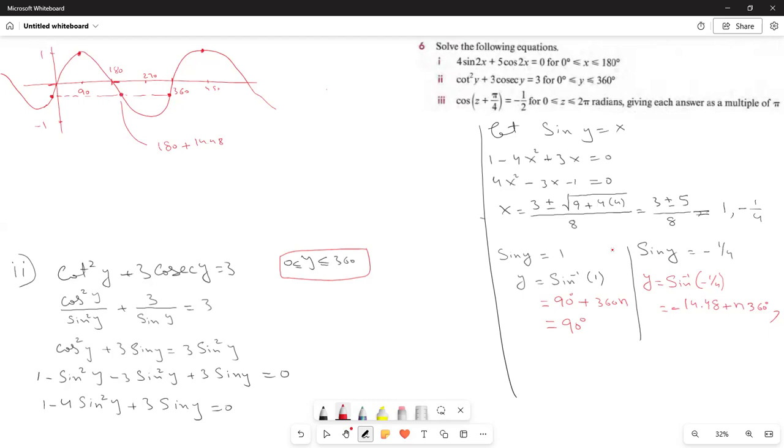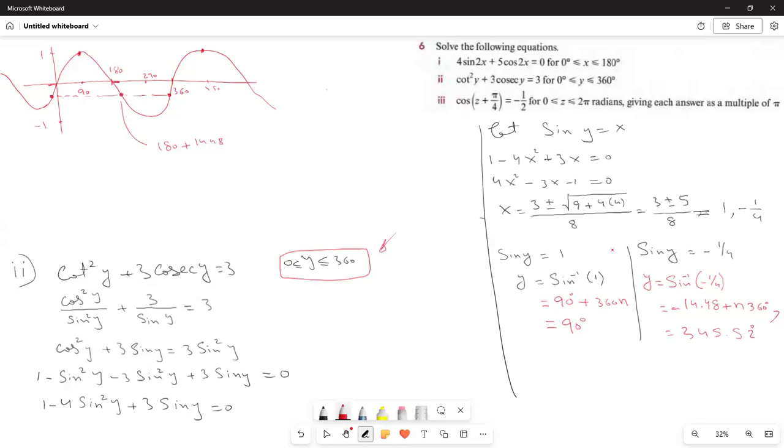So when I make n equal to 1, and from 360 I subtract this value, it will give me 345.52. So this is in this range.